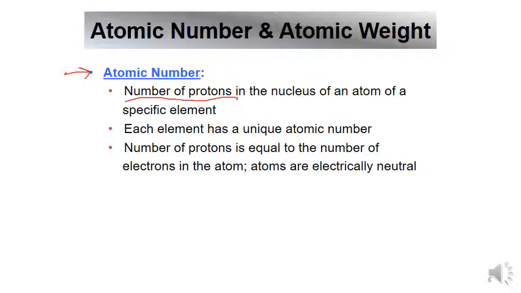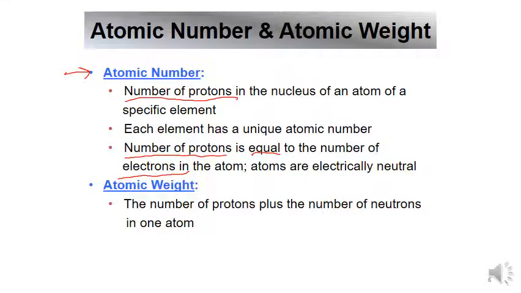And I also want you to know here, the number of protons is equal to the number of electrons in an atom. Okay, so we're going to see that a little bit come into play. Then for the atomic weight, know that this is the total weight of the atom. When you add the weights of the protons, electrons, neutrons, you get the total weight of the atom.